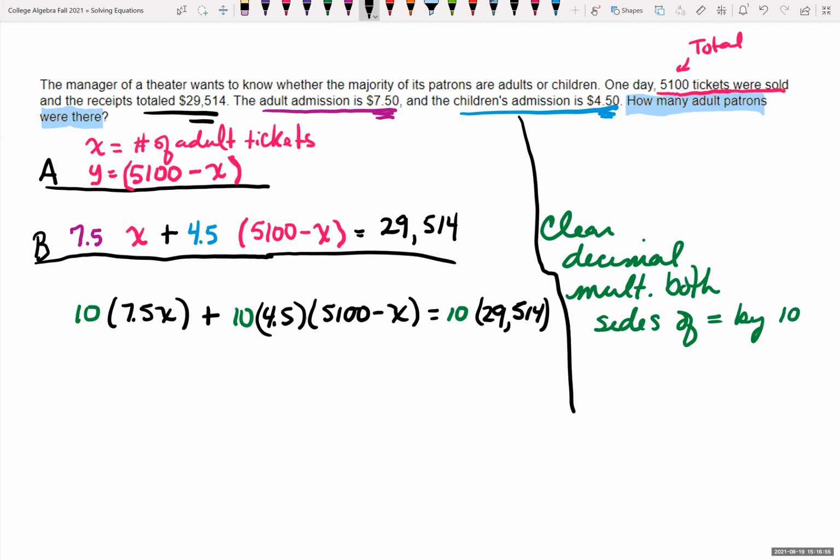Okay, so 10 times 7.5 just moves over the decimal once, and that gives me 75X. Plus 10 times 4.5 gives me 45 times the quantity 5,100 minus X equals 10 times 29,514, which just adds a 0 to the end, giving us 295,140.